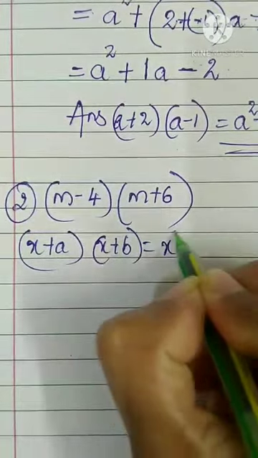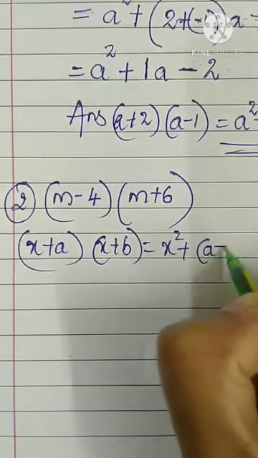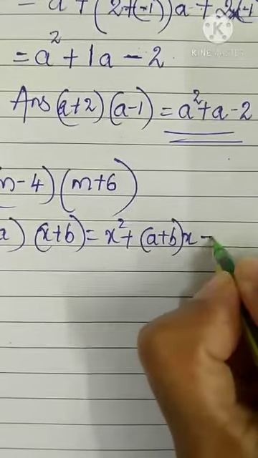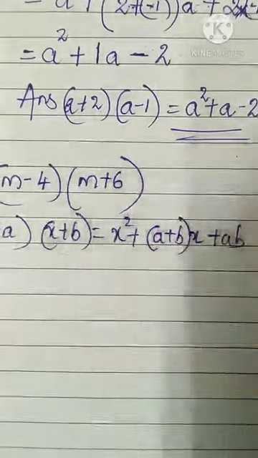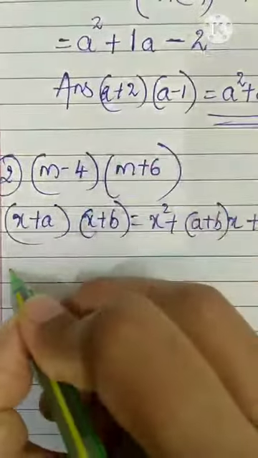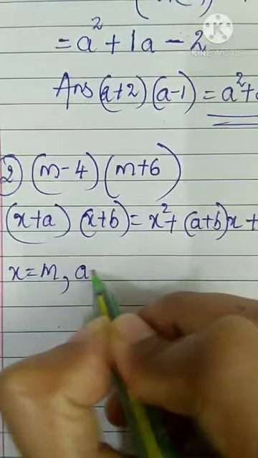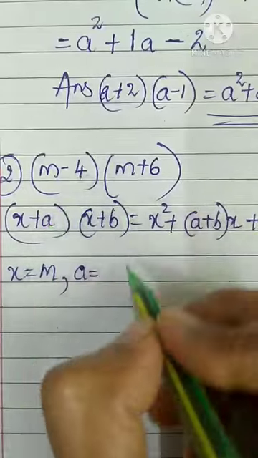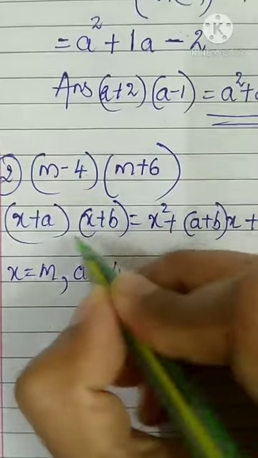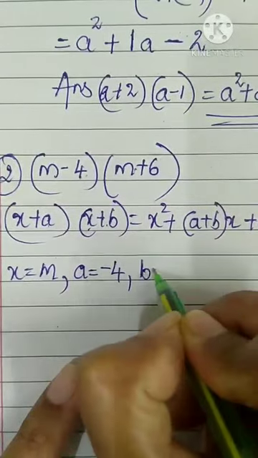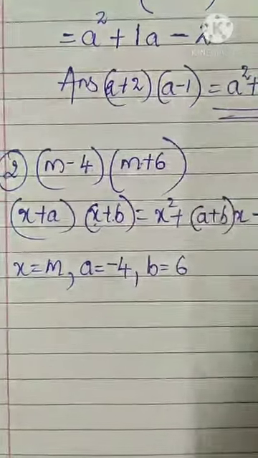The formula is x square plus a plus b x plus ab. Now compare it with the formula. x will be m. a is, see, take the sign also. a is minus 4. x is again m. And b will be 6, plus 6.